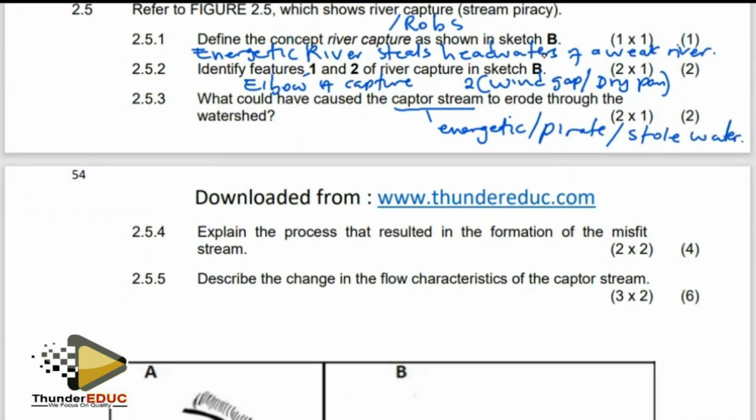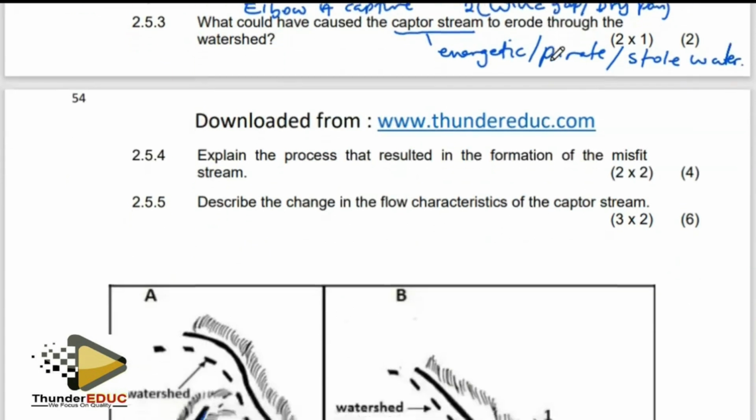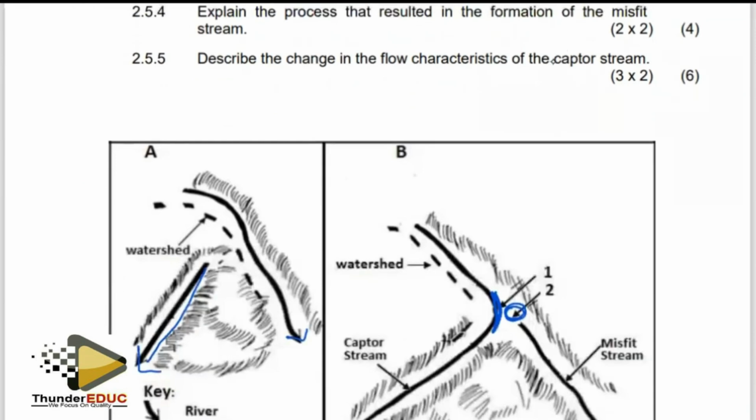Right. So they say, what could have caused the capture stream to be able to erode through the watershed? You can see here, this is our watershed, a high-lying area which separates two different rivers or different basins. So you can see that this river was able now to erode backward through this watershed and was able now to intercept the other river.